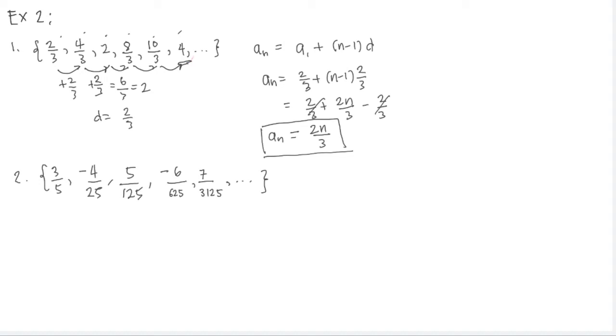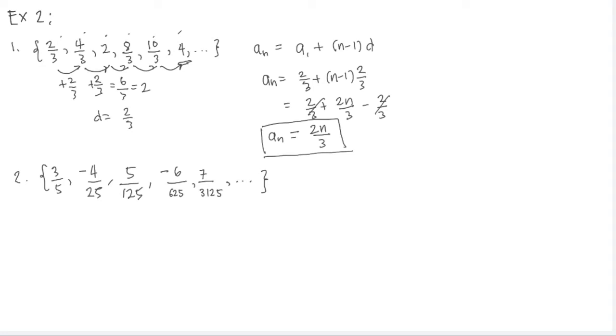Okay. For the second sequence, we have the following terms: 3 over 5, negative 4 over 25, 5 over 125. This is a little bit trickier than the first one. If we look at the pattern, we cannot find a particular value that we can add or multiply to the whole term to get the next term.